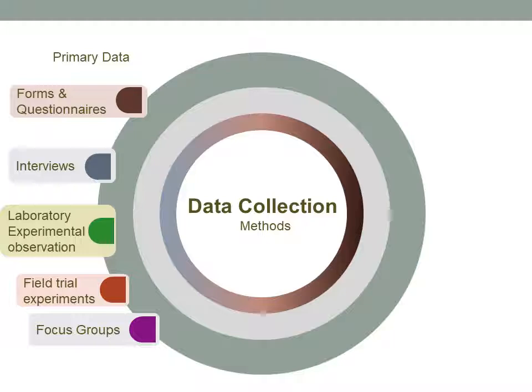So you have to have the controls, and also you have to go by actual field trials. Then in the focus groups also, you need to determine what the questionnaires are, what discussions you need, what the plan is. Once you plan, you collect the data by different means.